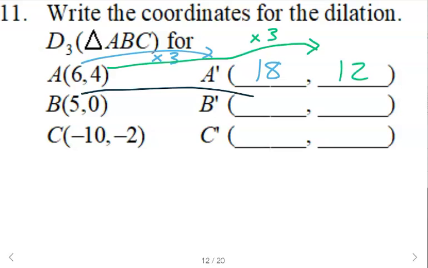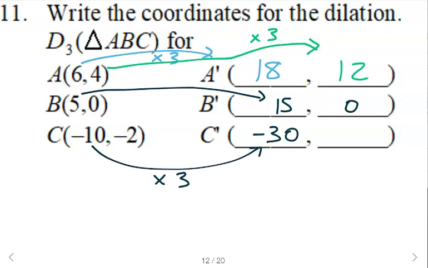The 5 multiplied by 3 is 15, and 0 times 3 is 0. Negative 10 times 3, negative 30, and finally this negative 2 times 3, negative 6. When you do a dilation from the origin, you just multiply your coordinates by the scale factor.